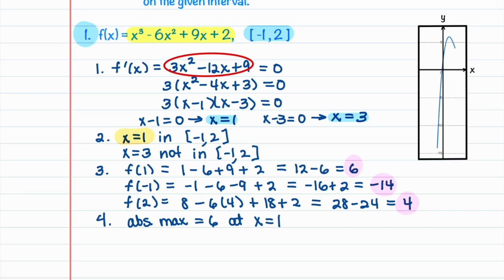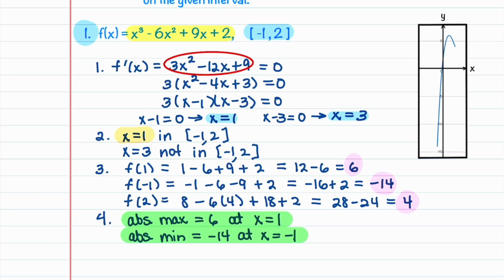And now let's look at our pink values and see the smallest one. The smallest one is minus 14, so we have an absolute min equal to minus 14 at x is equal to minus 1. And those are our answers to our problem.